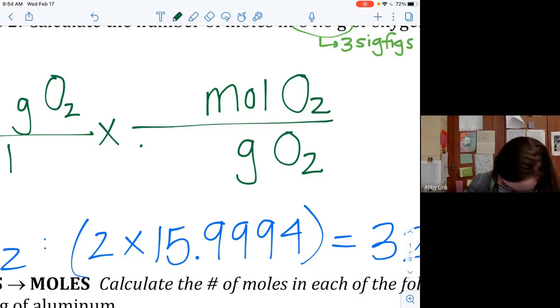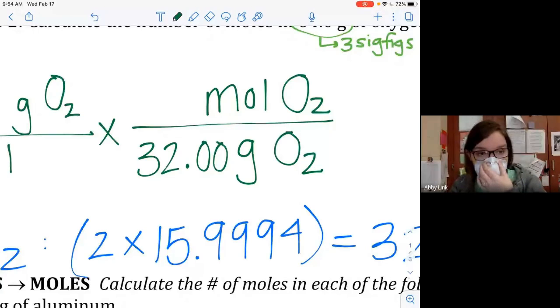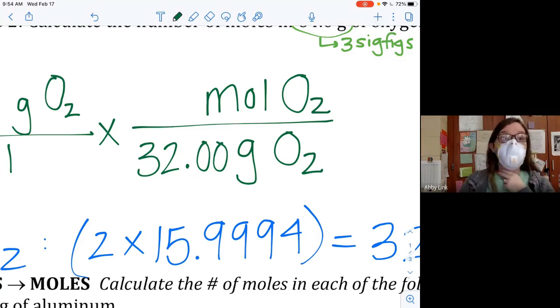In this problem, the grams are in the bottom. So I'm going to write 32.00 grams of O2 in the denominator there. How many moles of O2 is equal to 32.00 grams of O2? 1, exactly. So I'm going to have 1 mole in the numerator.